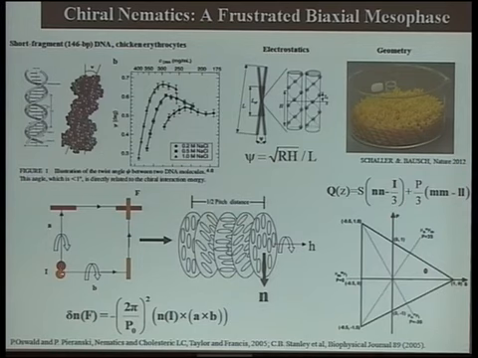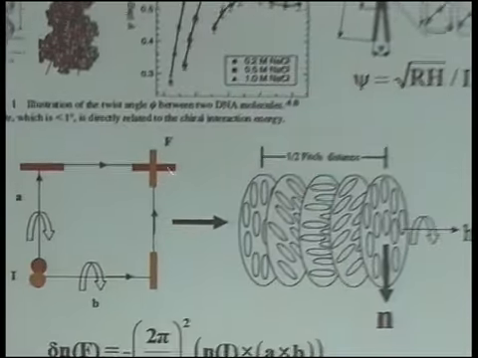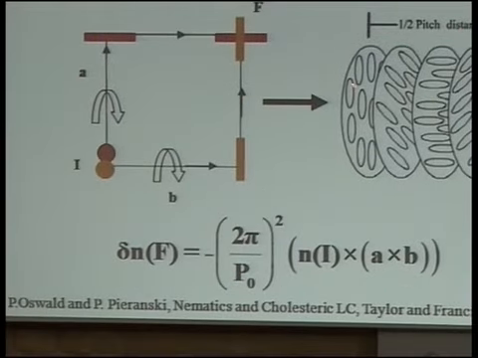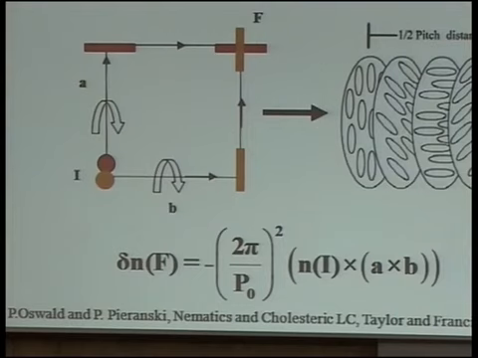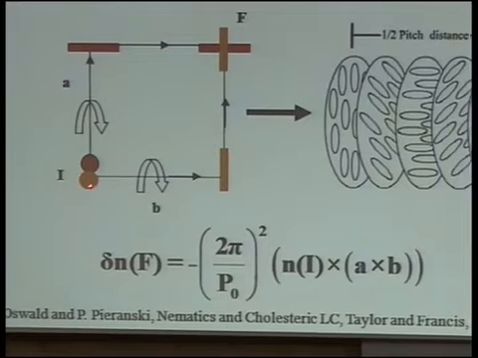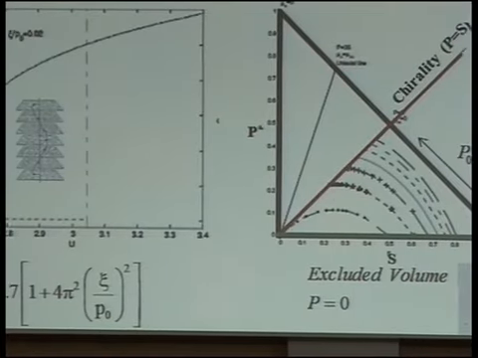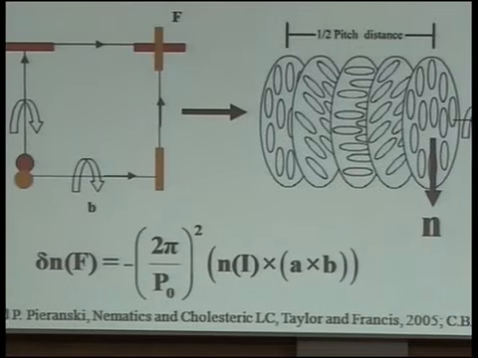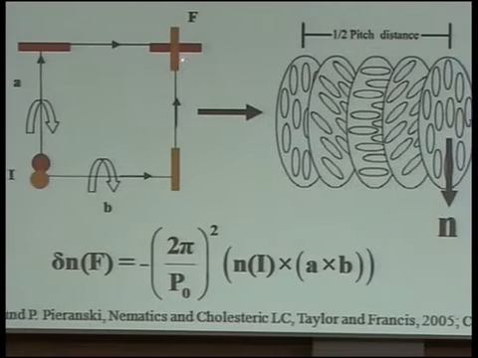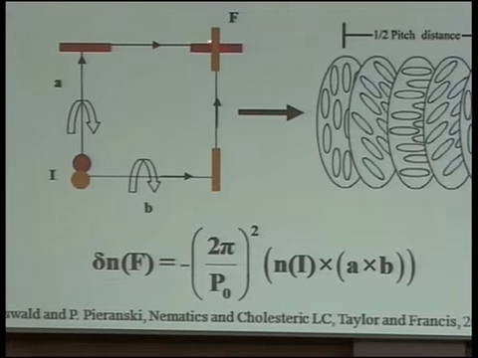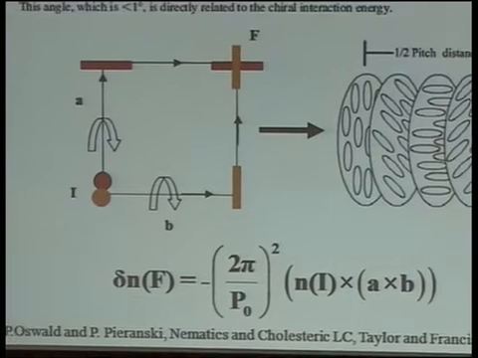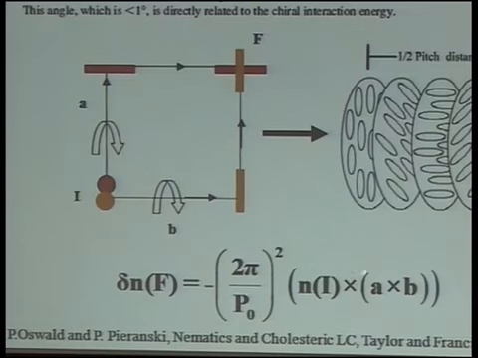If you start with the origin I, your destination is F, and if these objects that are packing, they pack with a small twist angle psi here, and if you follow the path BA, and here the path AB, and you compute what is the incongruency in the orientation, you find that you have an incongruency that is proportional to A cross B. And therefore, you will have to nucleate additional topological defects to pack this phase.